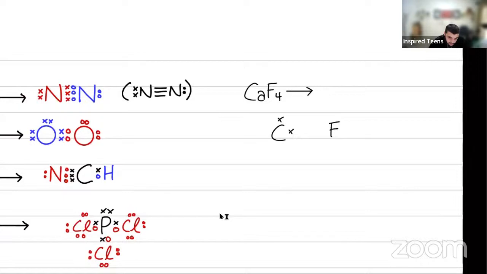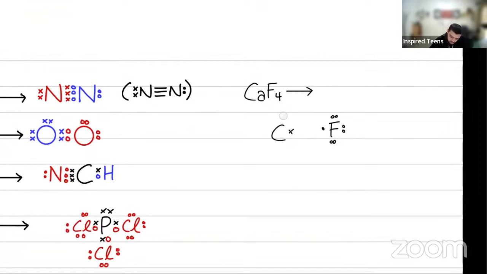Did you make up this compound, or is this actually a compound? This is not a compound. This is not possible.